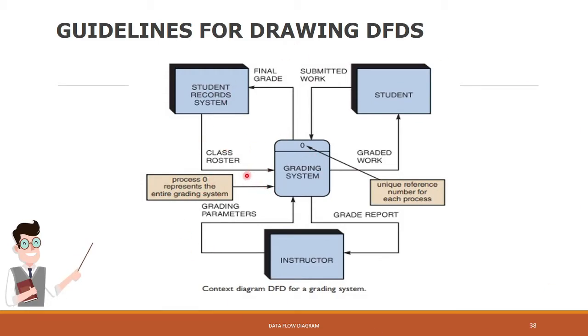Then use your information system name. This context diagram is for a grading system, so that's why it uses the grading system as the process name. Process 0 has 3 entities: the student record system, the student, and the instructor, and it has 1, 2, 3, 4, 5, 6 data flows.